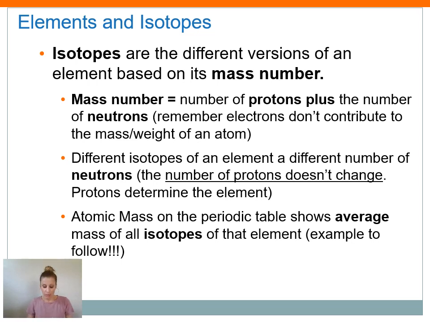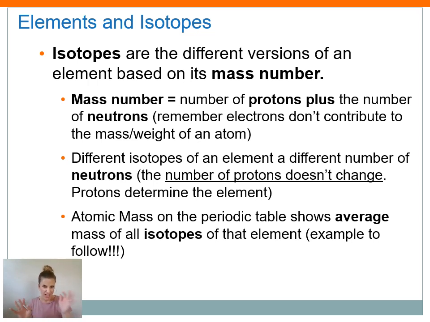Okay? Now, the reason for this is because there are different versions of each element, and those are called isotopes. So that brings us to this slide. Isotopes are the different versions of an element based on its mass number or based on its weight. So the mass, remember, equals the number of protons plus the number of neutrons.